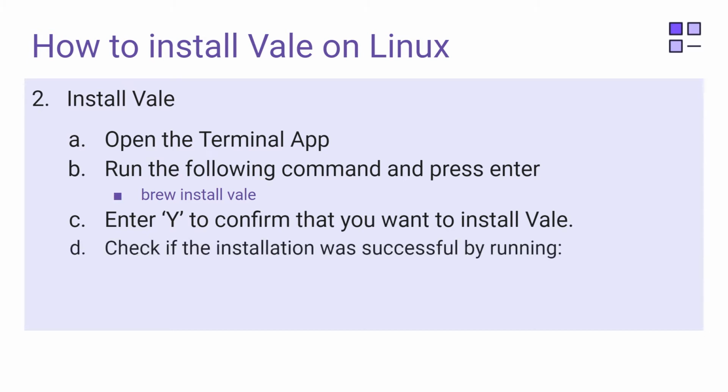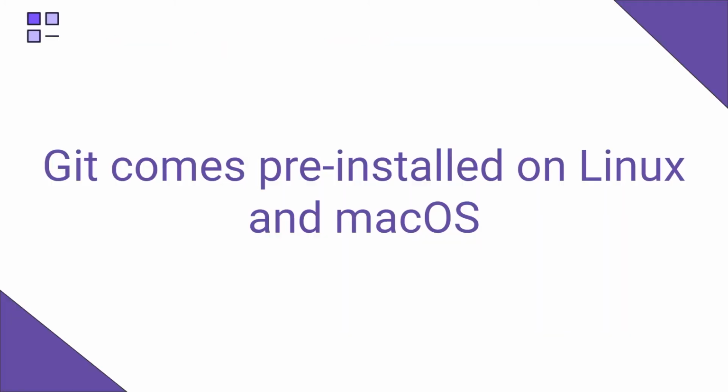And then after the installation script has run, you can check that the installation was successful by running the following command: vale --version. And as before, this should return the version number of your installation of Vale. Git comes pre-installed on Linux and macOS, so there's no need for us to install it. We can just move on to the next steps.